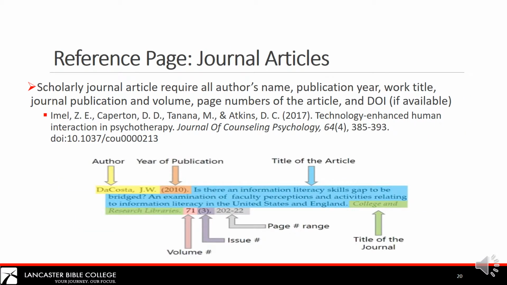Journal articles will be popular on your reference list as they are academic, scholarly literature. For their citations, journal articles require author's name, publication year, work title, journal publication, volume number and issue, page number of the articles, and DOI, which stands for Digital Object Identifier, if there is one available.